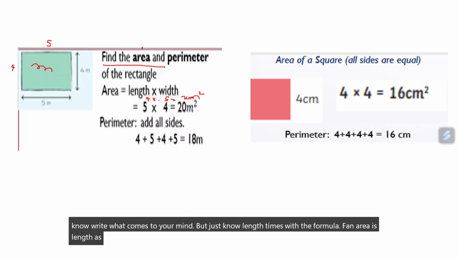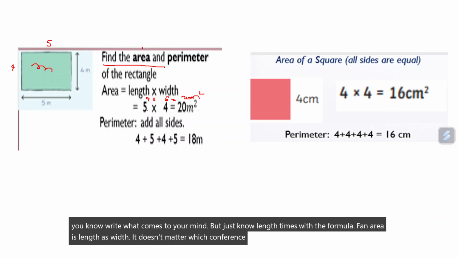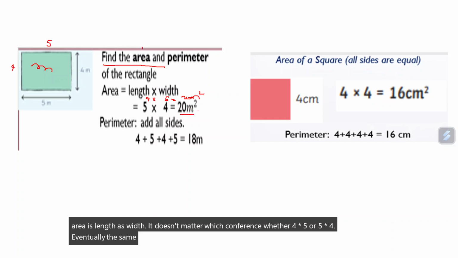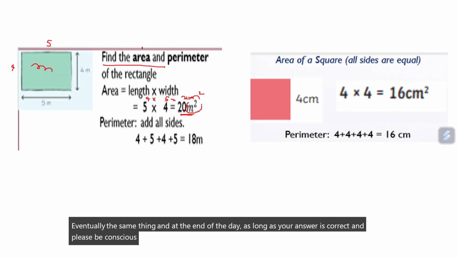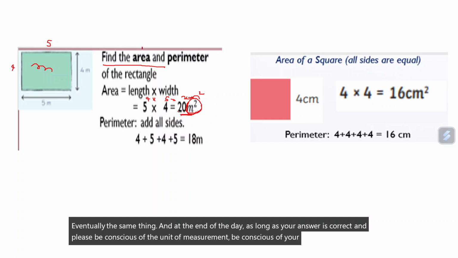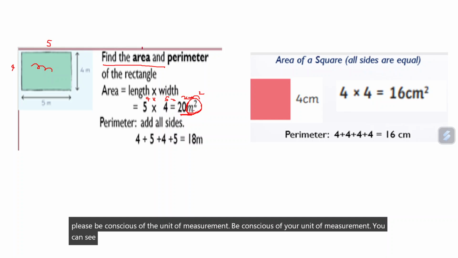It doesn't matter whether 4 times 5 or 5 times 4, they're virtually the same thing. At the end of the day, as long as your answer is correct, and please be conscious of your unit of measurement. You can see this answer is 20 meters square. That is for the area.